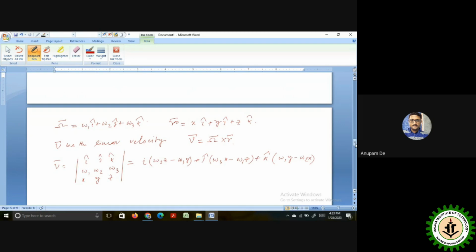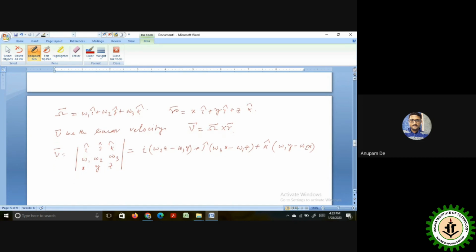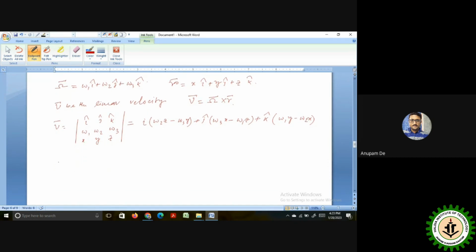Now, if v is this vector, then what will be the curl of v?